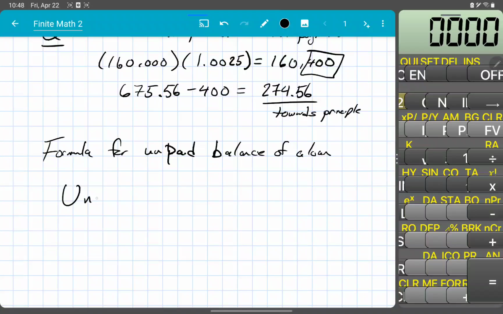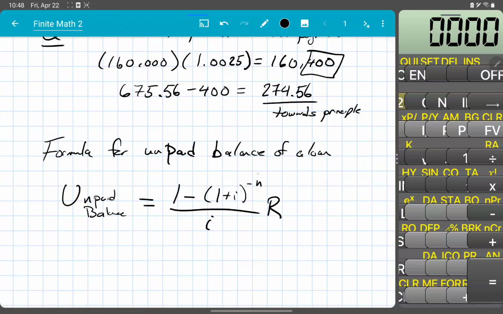So the unpaid balance is 1 minus 1 plus i to the negative n, divided by i, times the payment, where the only thing that's a little bit weird about this formula, this n, is the number of payments remaining. Not the number of payments you've paid, it's the number of payments remaining. That's what that n is.